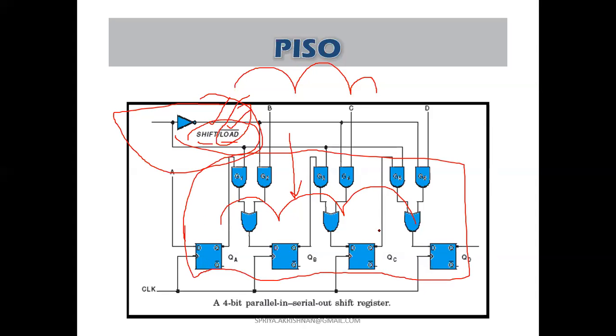The complete package is present inside the IC. So it is available with only this output part. Q naught is available and all the parallel inputs are available. Now can you tell me what LD is? LD is this control pin. So first I want to keep LD to load the data, and second I want to keep LD to shift the data. So that is the logic.